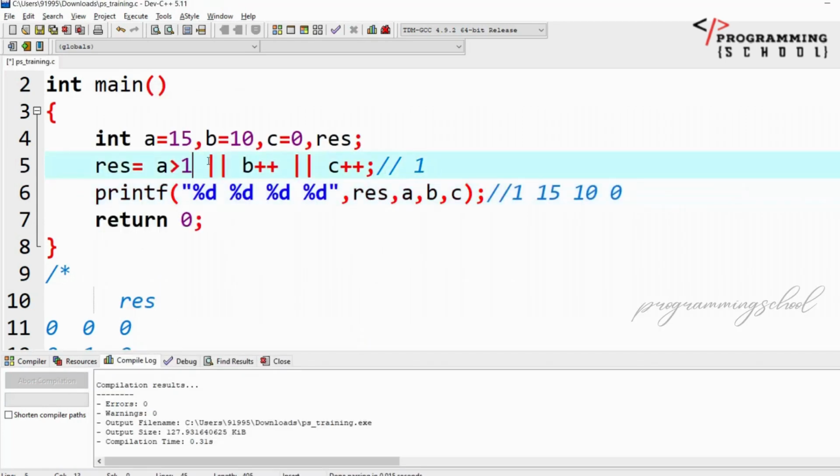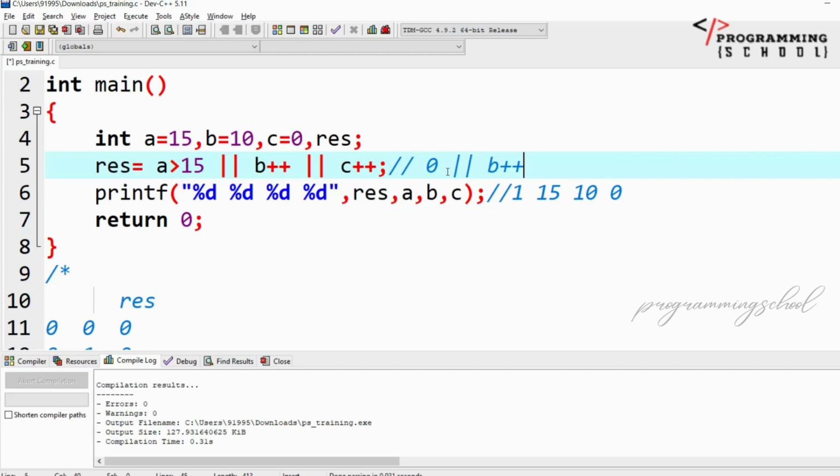For example, I am going to write like this: A is greater than 15. Is 15 greater than 15? That is false. Now it is moving into the next expression. Here it is going to be B++. What is the B value? This is the post-increment, right?